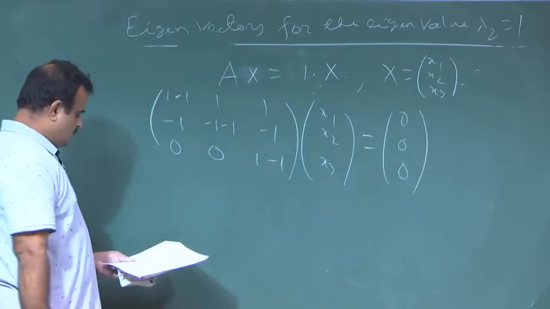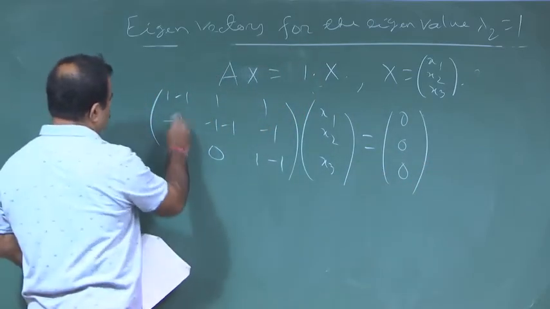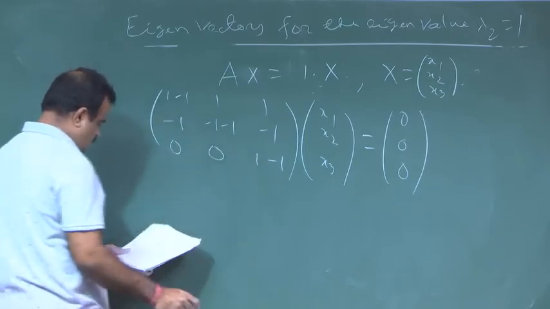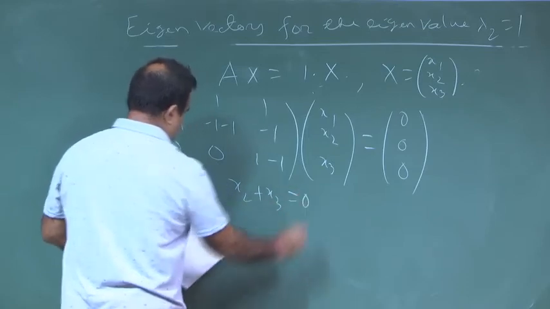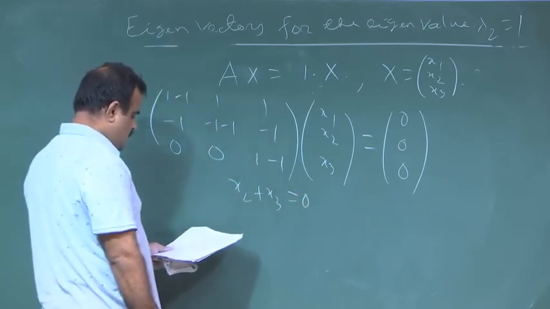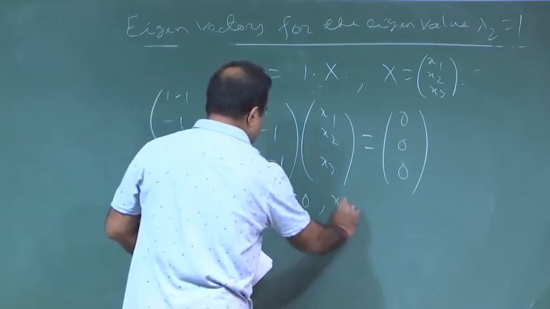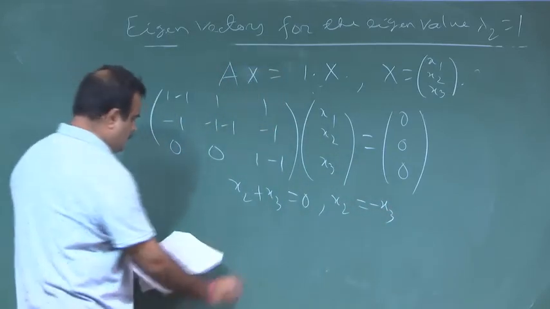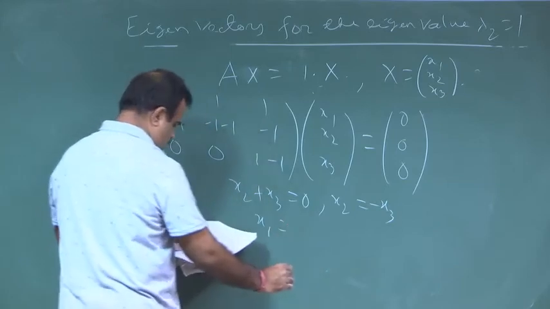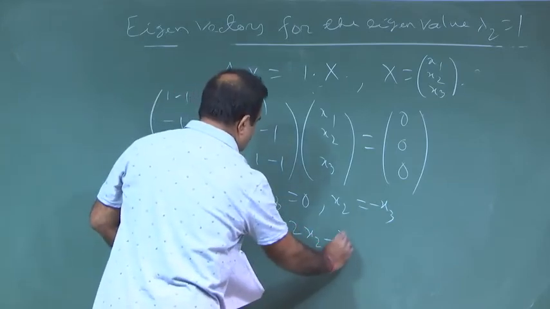This gives us the solution x 2 plus x 3 equal to 0, which means x 2 equals minus x 3, and if you solve it, we get x 1 equal to 2 x 2 minus x 3.